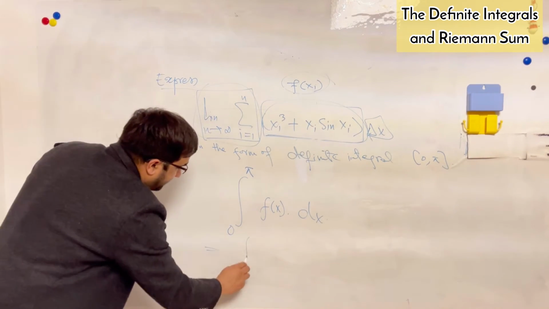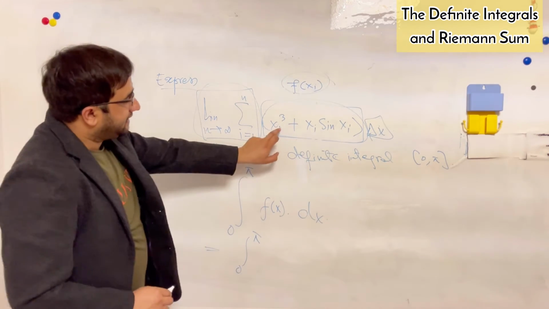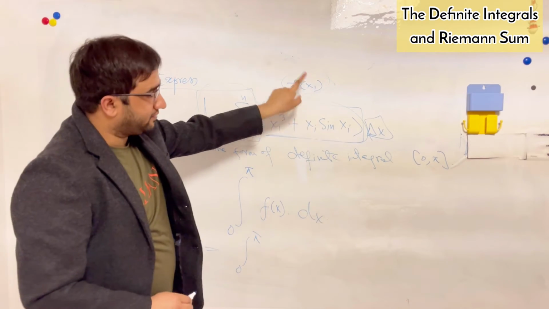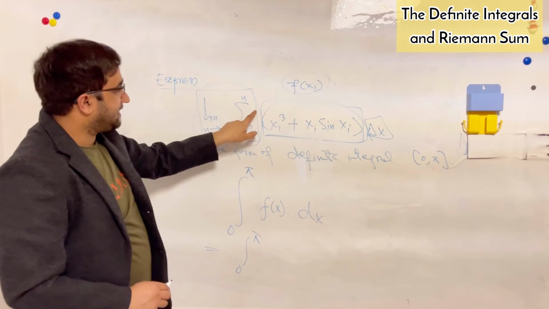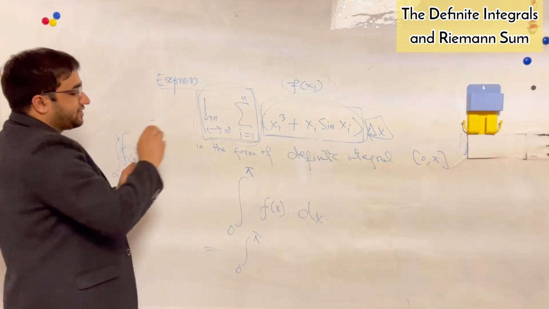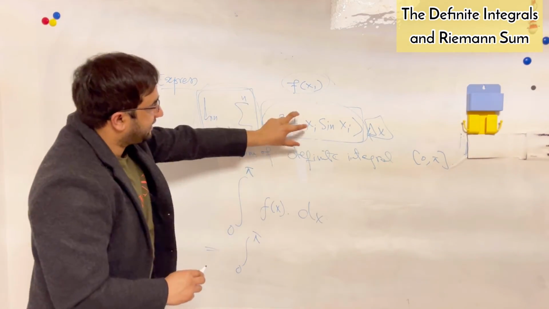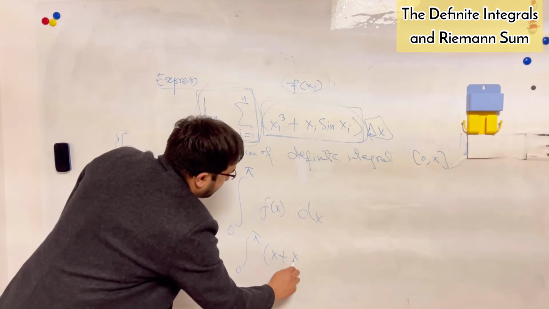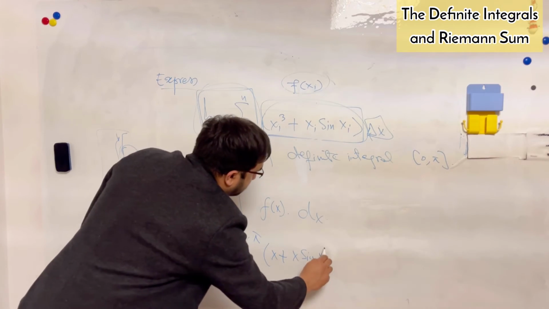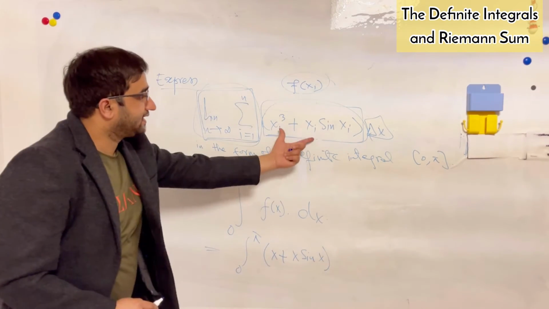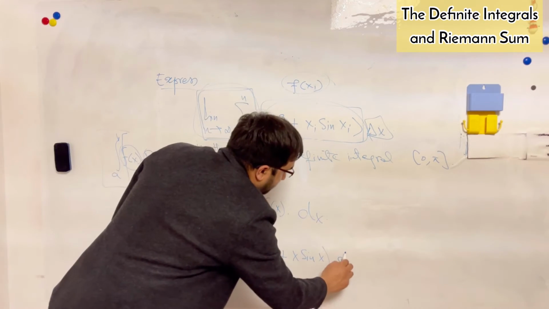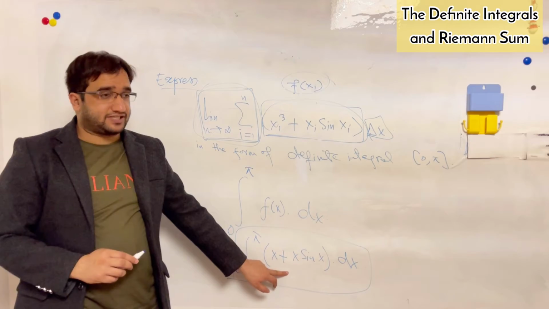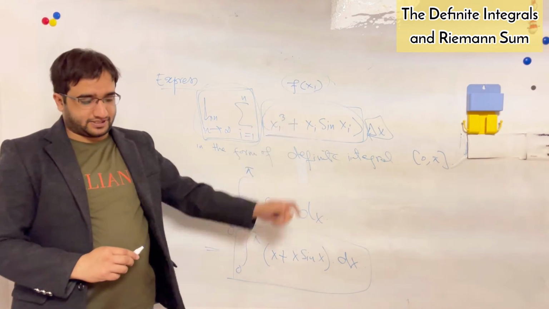So I can say the integral from 0 to pi, wherever there is i I have to remove it. When converting from Riemann sum to integral, I remove the i, because it was coming from the summation. So this will be x cube plus x sine x. This is f of x, and dx I already have. So this is the definite integral expression for this Riemann sum expression.